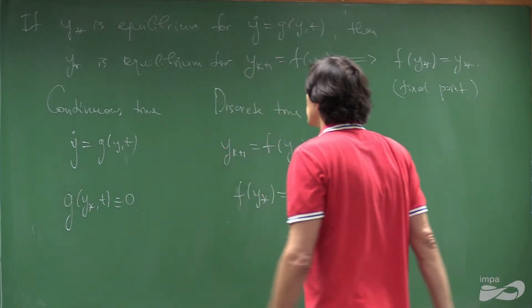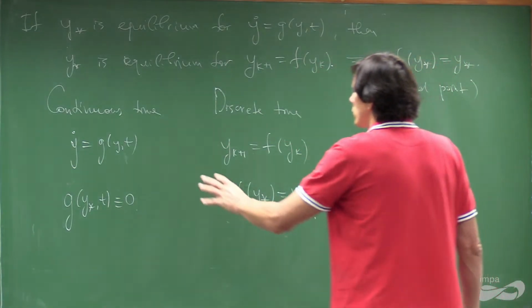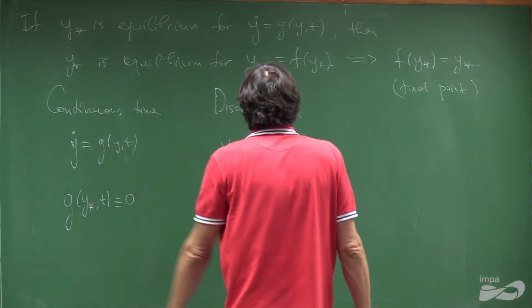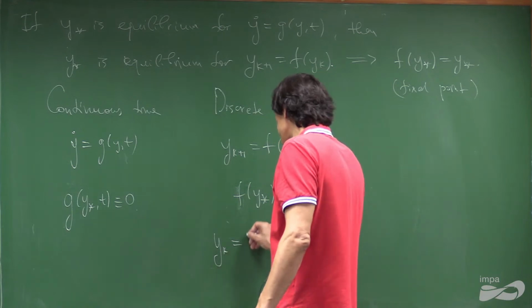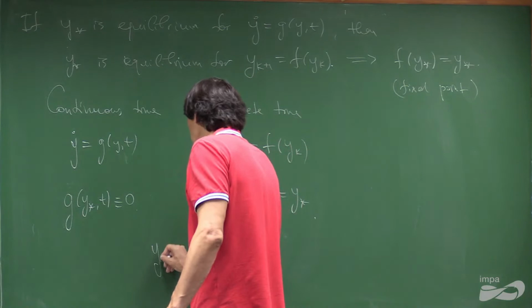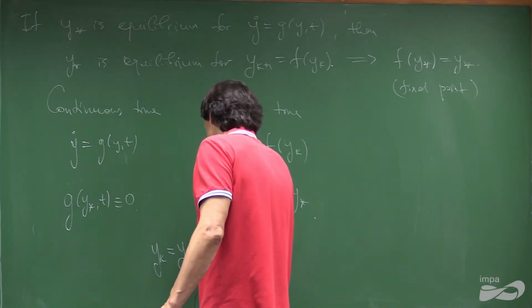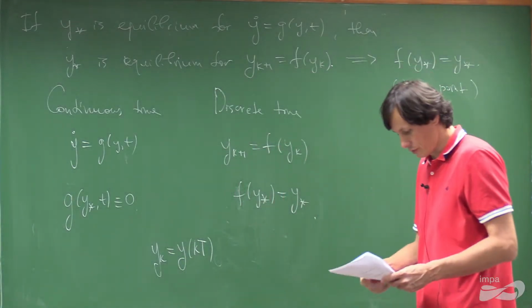These are two different ways to see the periodic system. Here we look at all details of the dynamics, and here we look at the details only at integer periods. The connection between the two is given by yk equals y of kT.